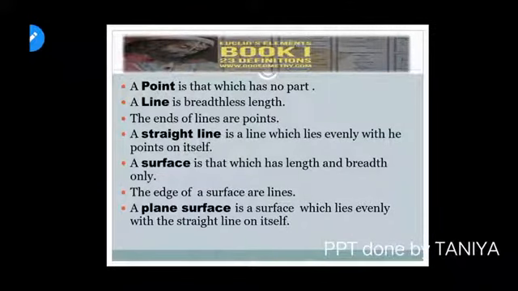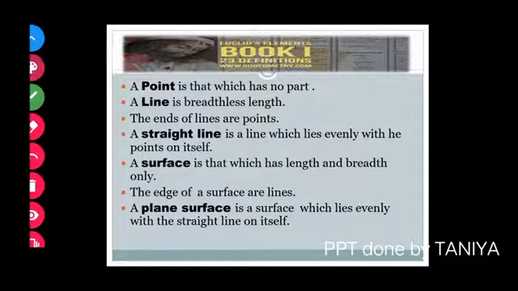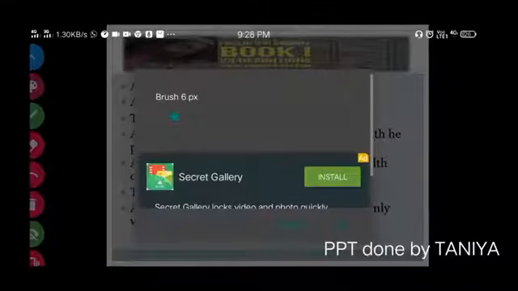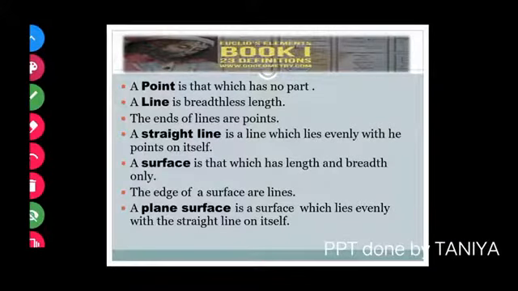And there are a few basic definitions of geometry which starts with point. So what is a point? A point is a dot made by a sharp edge and which has no parts.